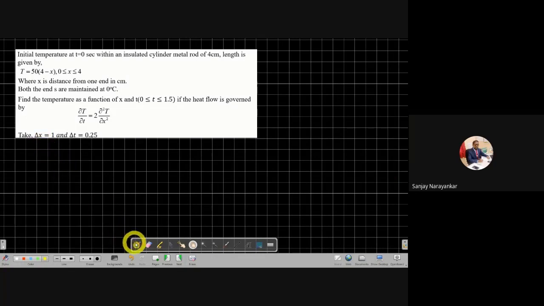Okay. See what's given in this problem. Solution.